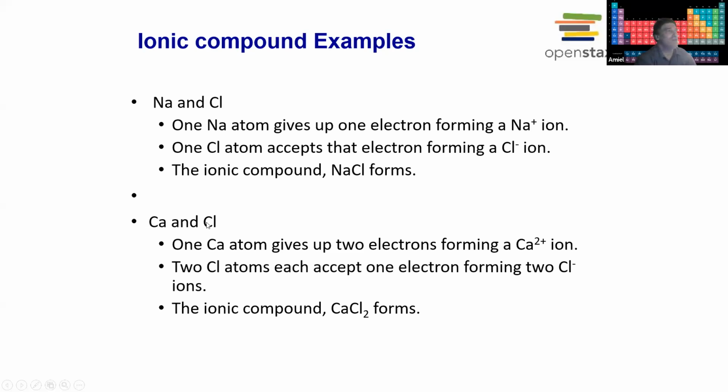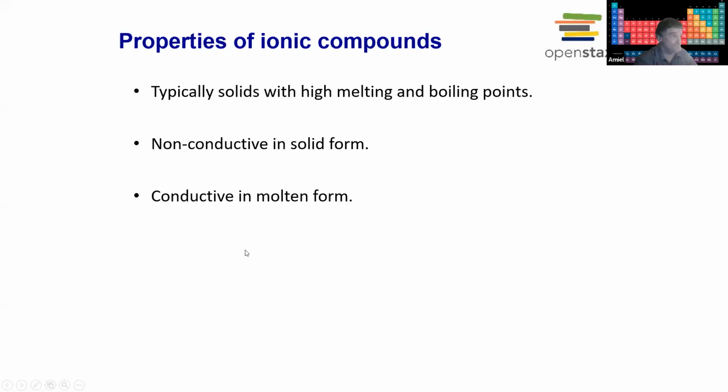Notice that calcium chloride is CaCl2, whereas sodium chloride is NaCl. So I'm going to teach you how to correctly write the chemical formulas between two atoms in a little bit.